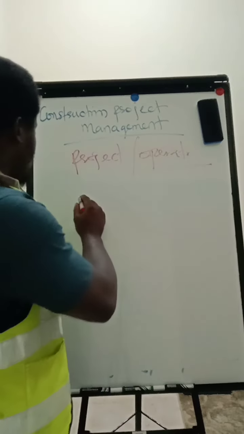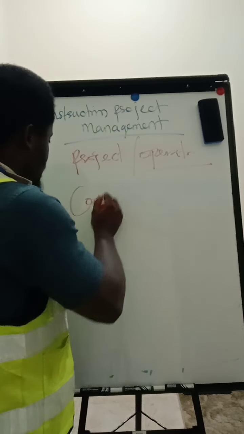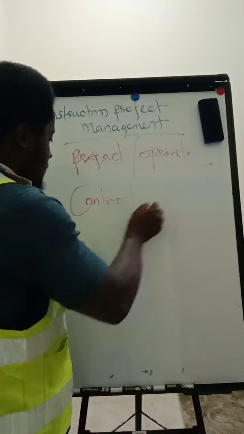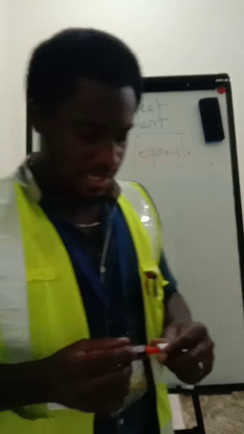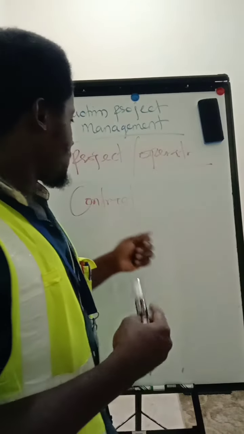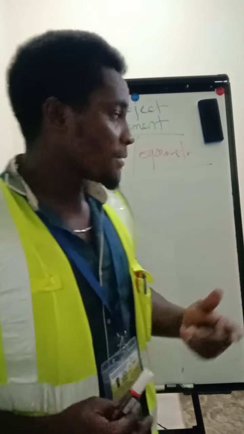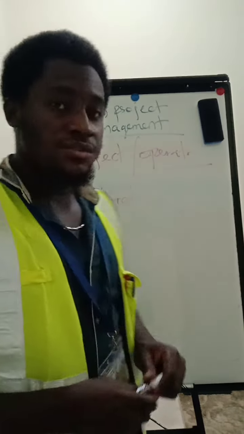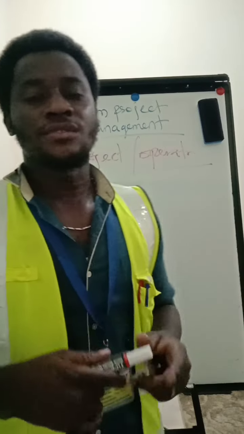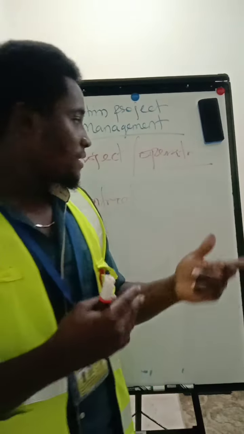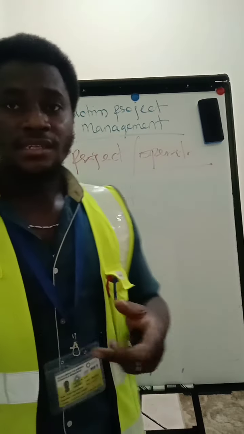Next, we're discussing contracts. Before we start the execution of the project, we have to carry out contracts. So we define the various terms and conditions in the clauses of the contract. We define the contract as a legally binding agreement between the contractor and the client.